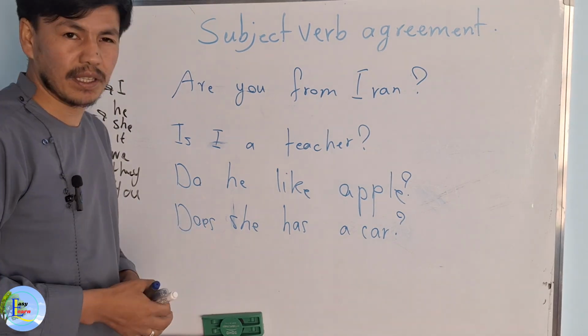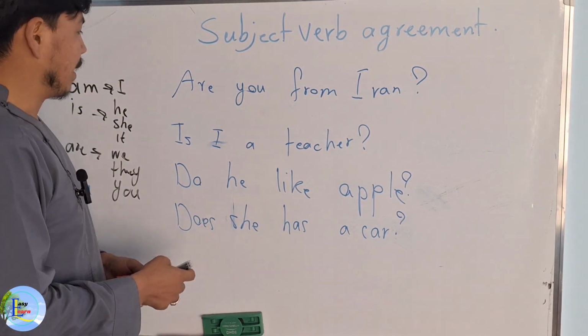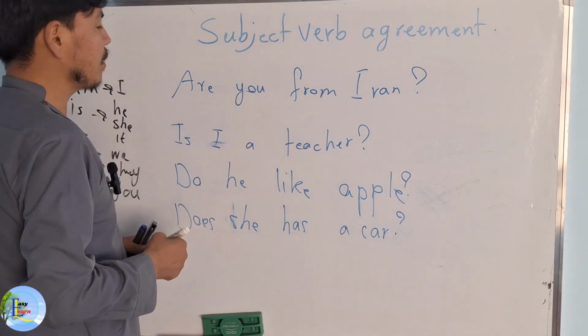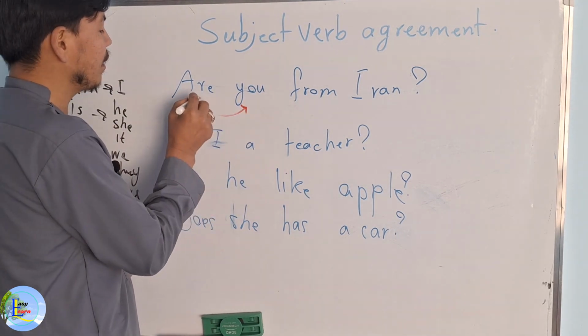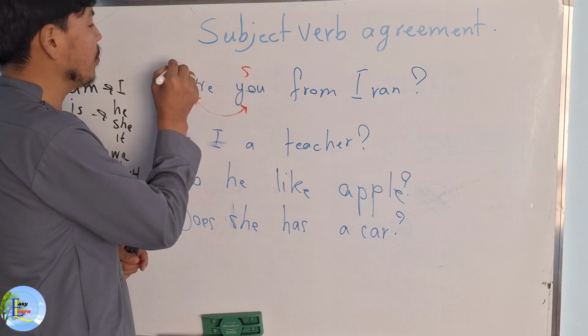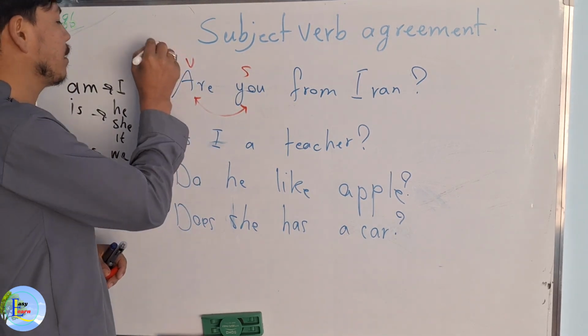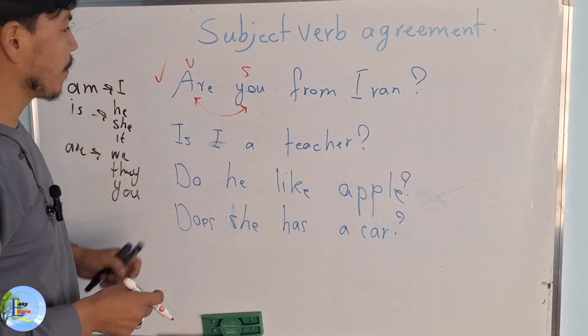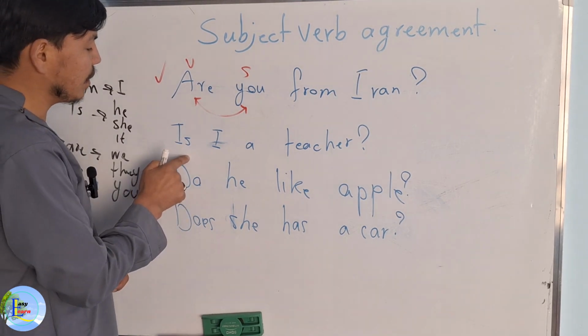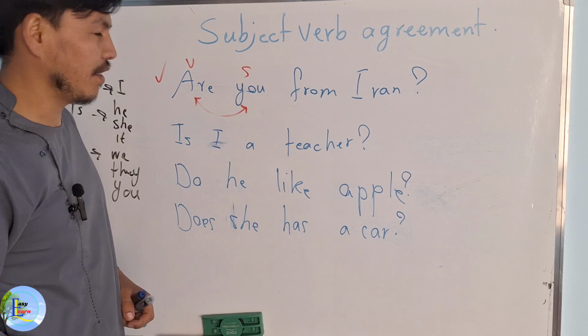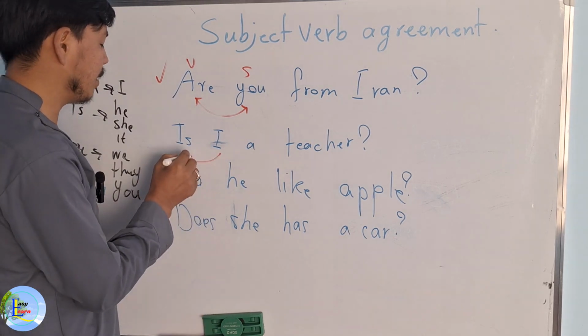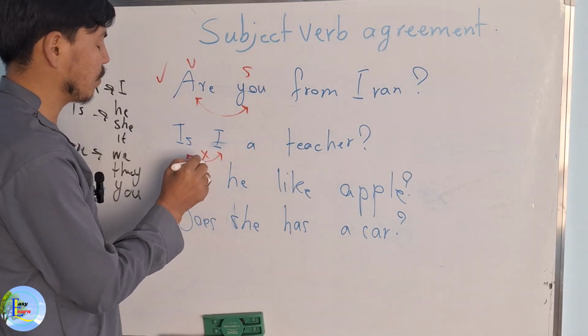These are really important. First one, are you from Afghanistan? I see here the subject and the verb agree. Okay, so this sentence is correct. And how about this? Is I a teacher? No, this subject and the verb don't agree, unfortunately.